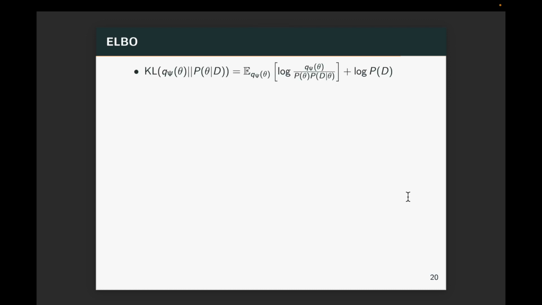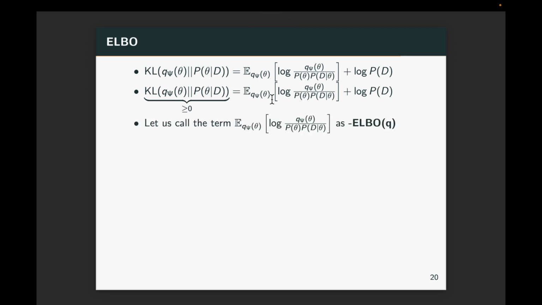Let's rewrite these things. What do we know about the KL divergence between any two distributions? It is non-negative. So if this is non-negative, let's call this term minus ELBO of Q. Now what can you say about P of D? The left hand side is greater than or equal to 0.